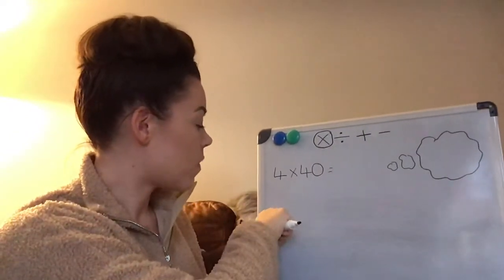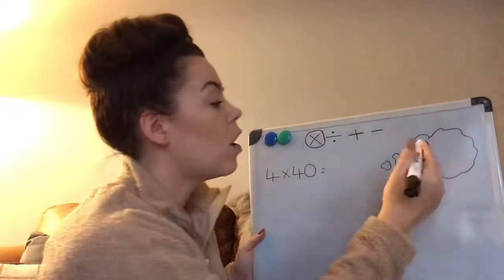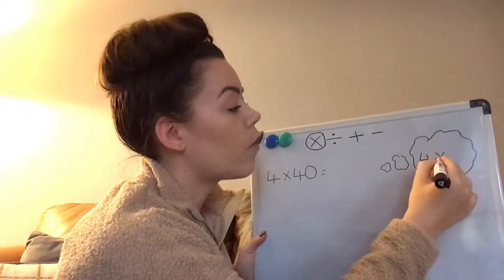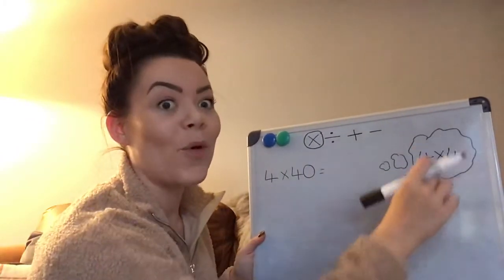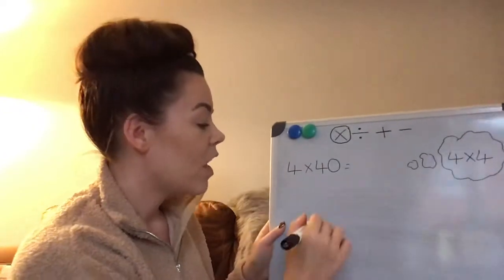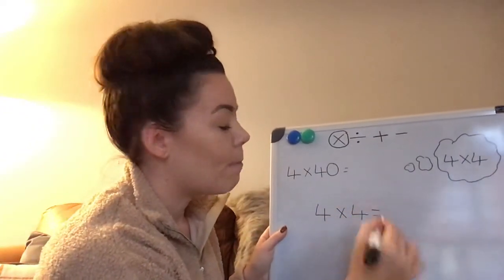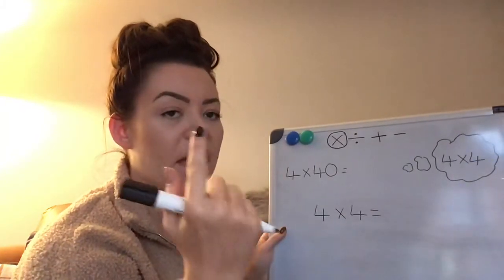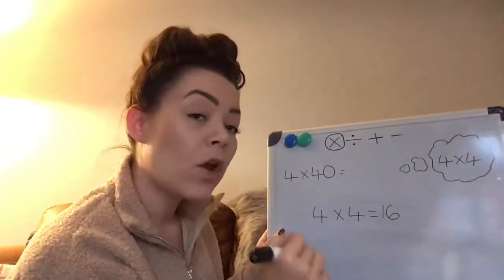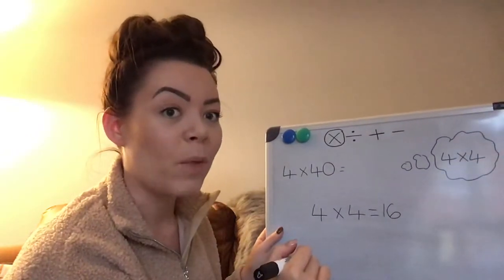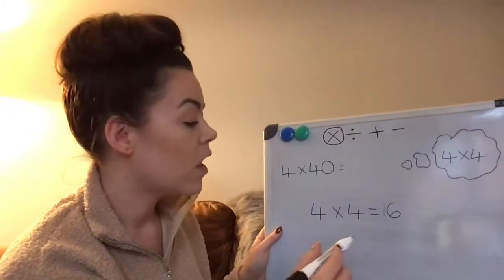Now I'm looking at the number sentence 4 lots of 40, but I know 4 lots of 4 and I know the answer to that really quickly, so I've drawn my little thought bubble here so you can see what I'm doing. So I know that 4 lots of 4 makes 4, 8, 12, 16. Makes 16, and I know that because I'm good at my fours pattern. I've been practicing it because it's something that we have to know by the end of year 3.